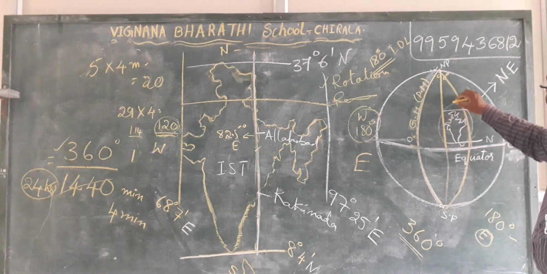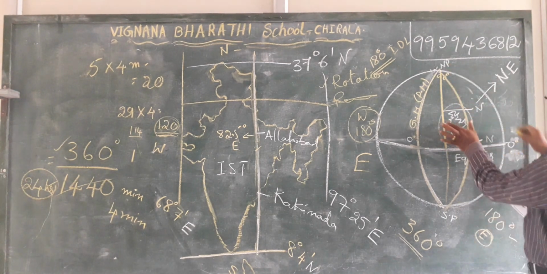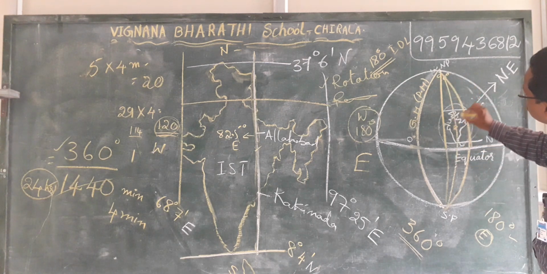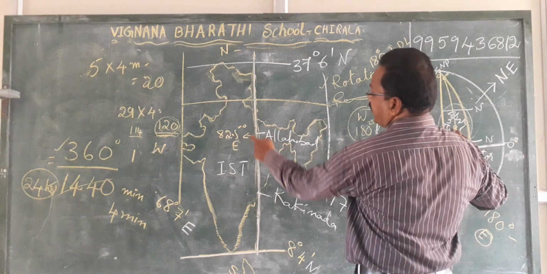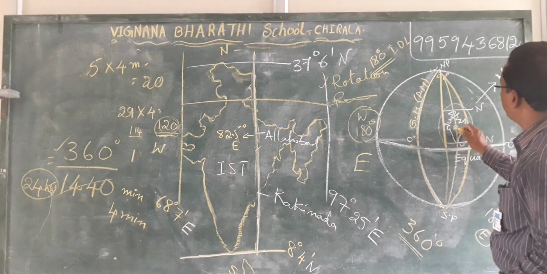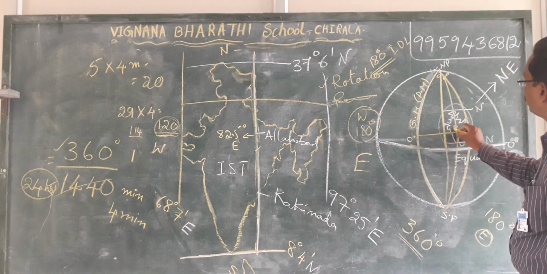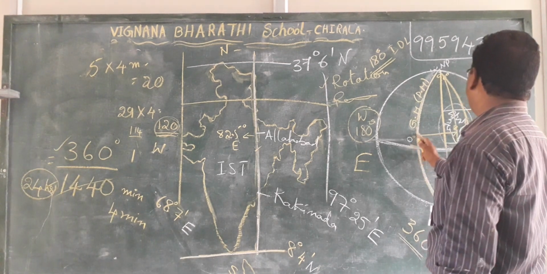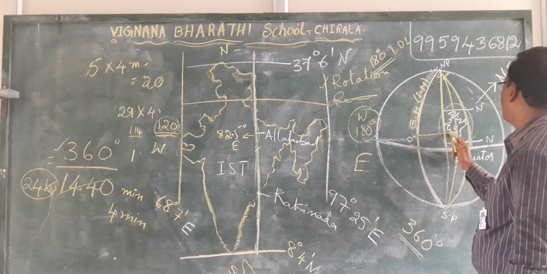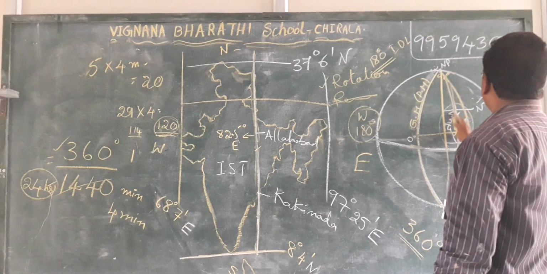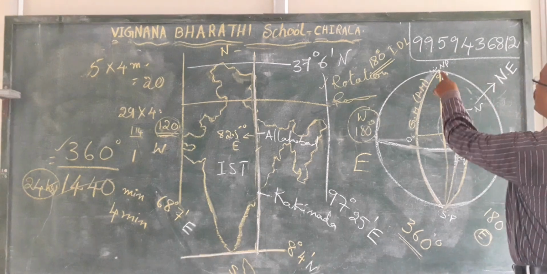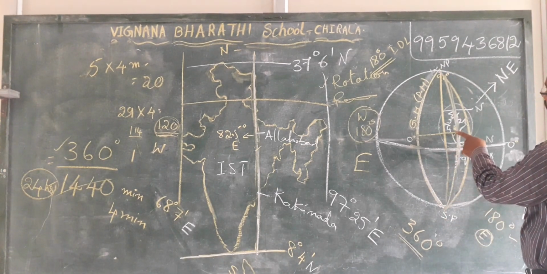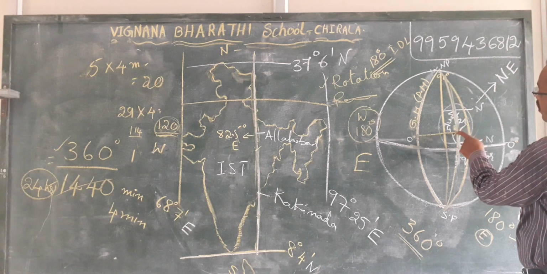From here, this is our country, at about 82 degrees east longitude. This is 0 degrees, then longitude 1, 2, 3, 4, like that. If you count here, the longitude which passes through the middle of our country and is taken as the reference longitude for our Indian Standard Time is 82.5 degrees.